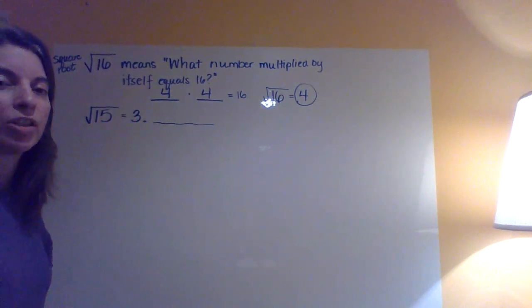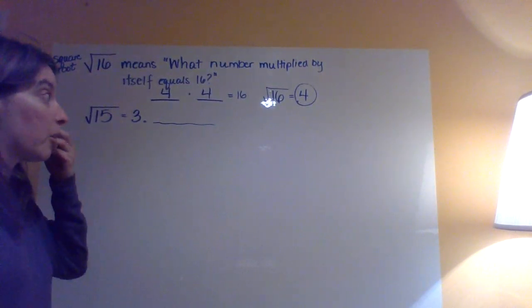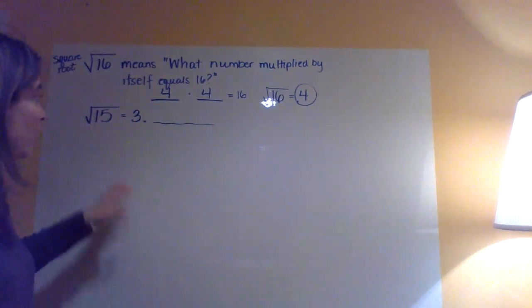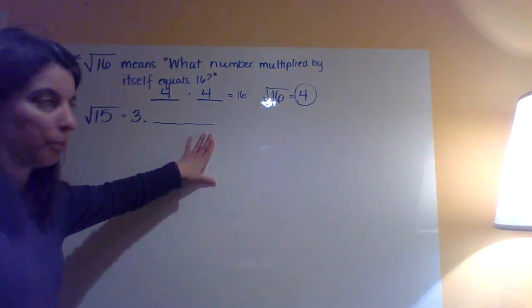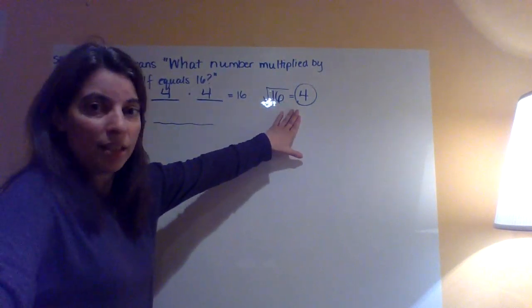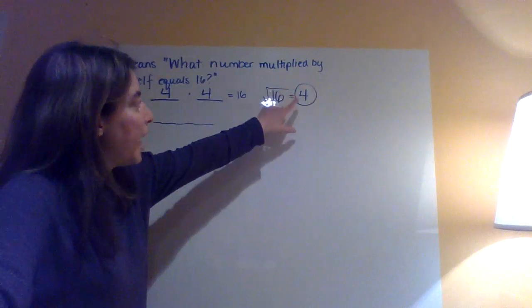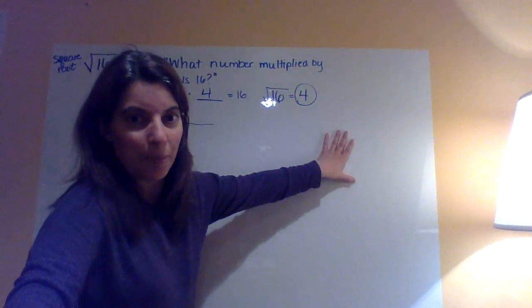It's called an irrational number. We talked about that at the beginning of the semester. An irrational number goes on and on forever without ever repeating or ending. So how come sometimes I get a decimal that goes on forever, an irrational number, and sometimes I get a nice integer? Well, that's because some numbers have an integer where 4 times 4 equals 16, right?